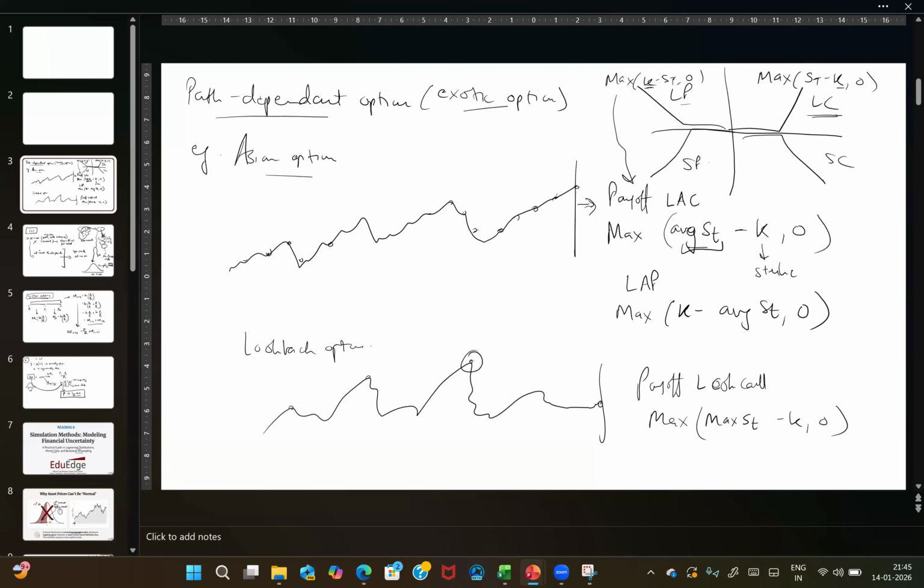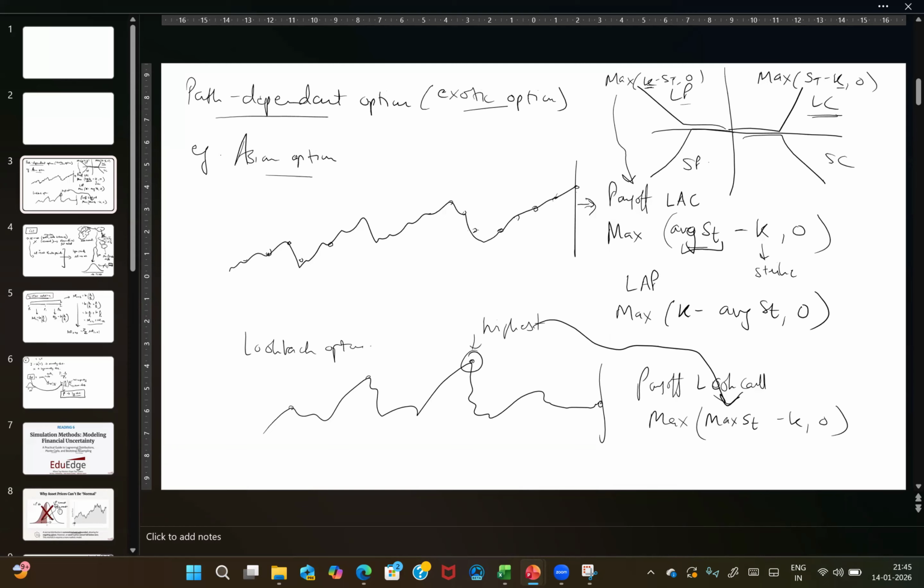It will choose the peak which is the highest, and it will choose that as the price here in the payoff. So this is the example of a look back call option, which takes the maximum or the highest value of the realized asset price over a given period.